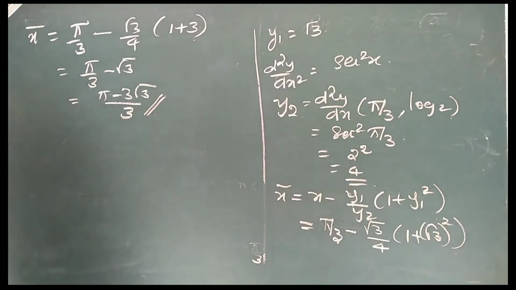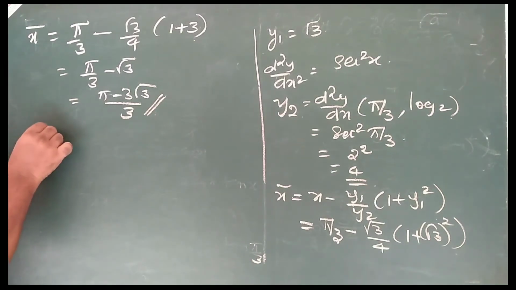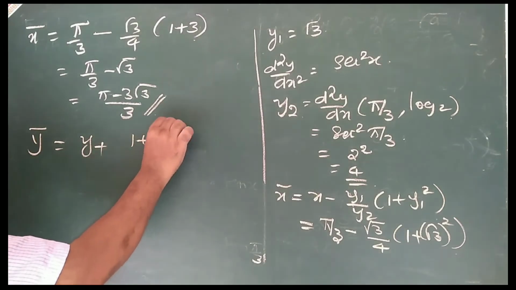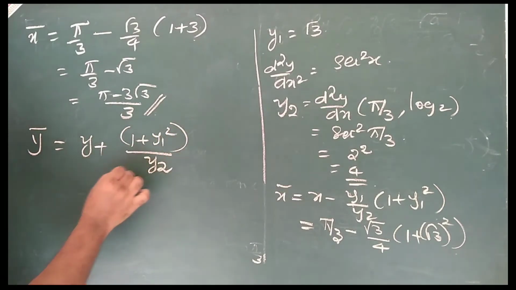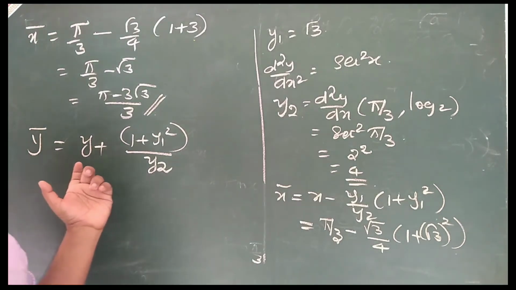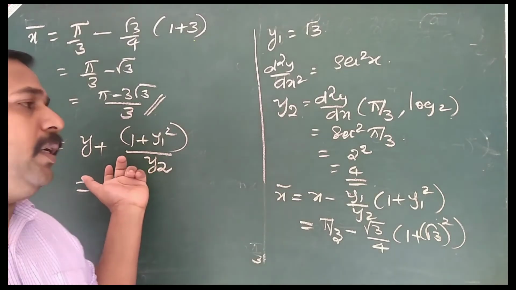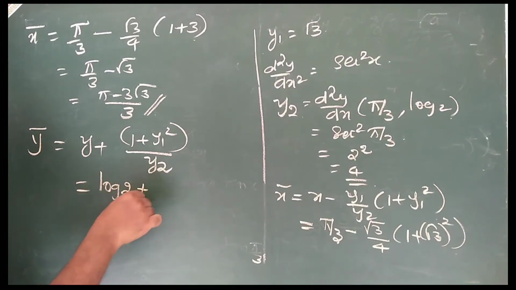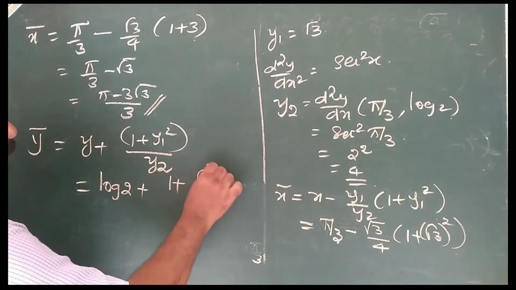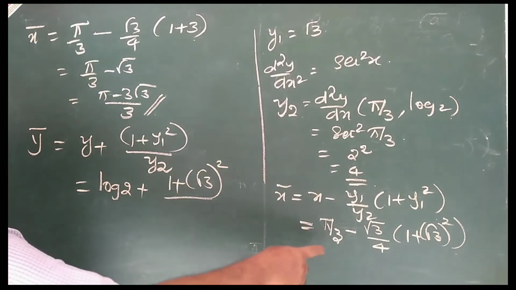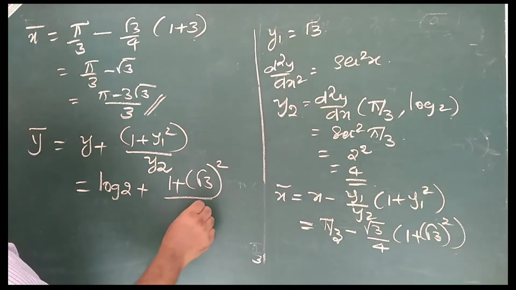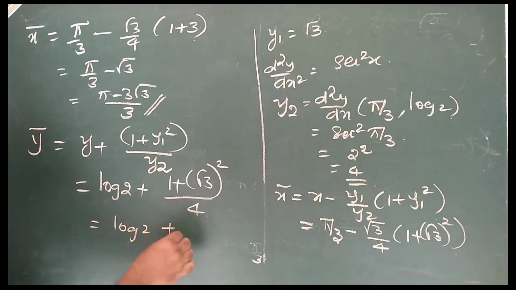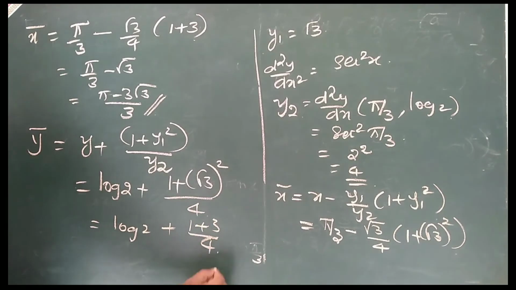Next one, y bar. So y bar is equal to y plus (1 plus y1 square) divided by y2. Here y is from the given point. What is the given point? (pi by 3, log 2). So the y coordinate is log 2 plus (1 plus root 3 the whole square) divided by y2. What is y2? 4. So that is log 2 plus (1 plus 3) divided by 4.